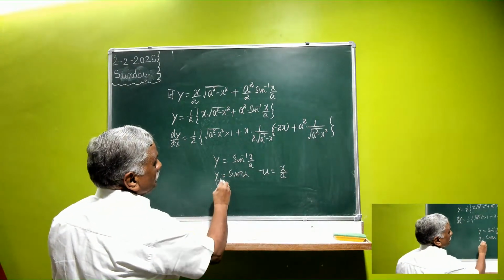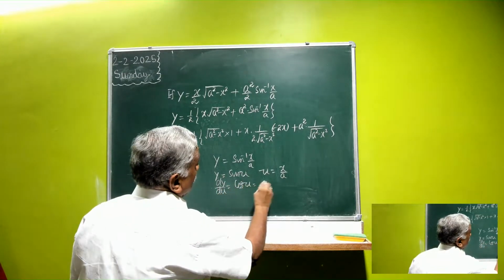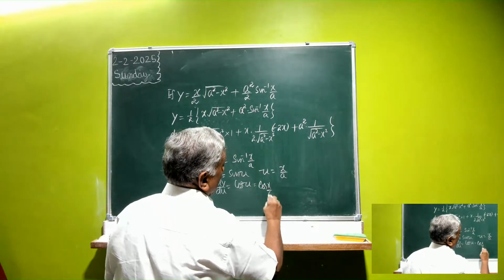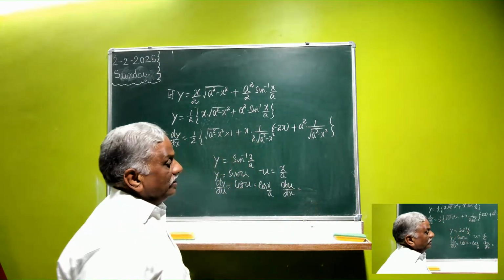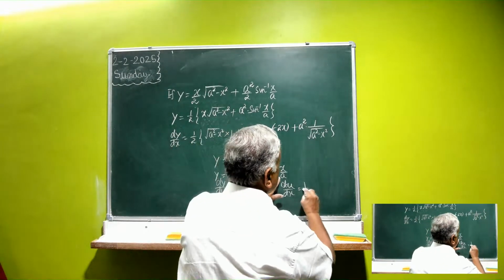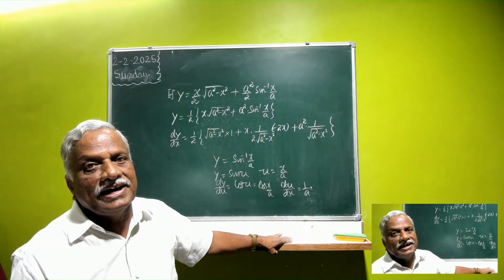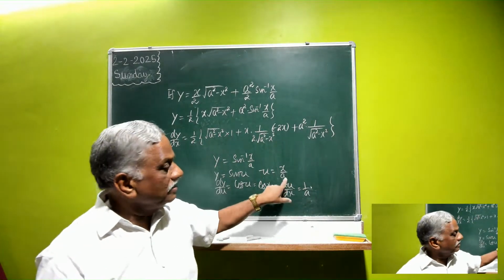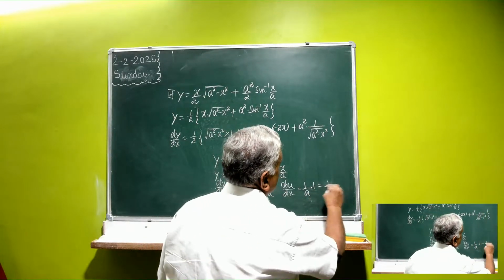It is cos u. What is u? u is x by a. du by dx: here 1 by a is a constant. Keep it outside. A constant wherever it is, leave it there. Numerator, leave it in the numerator. Denominator, leave it in the denominator. x gives 1. So this is just 1 by a.